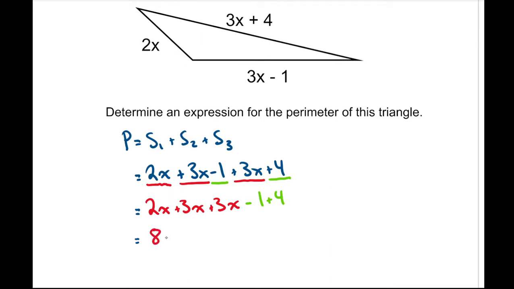That gives me 8 of something. And then minus 1 plus 4 gives me plus 3. So 8x plus 3 is the simplified expression for this perimeter. And again, if I knew what x was, I could plug it in and then solve. But right now, this is all I'm going to leave it at.